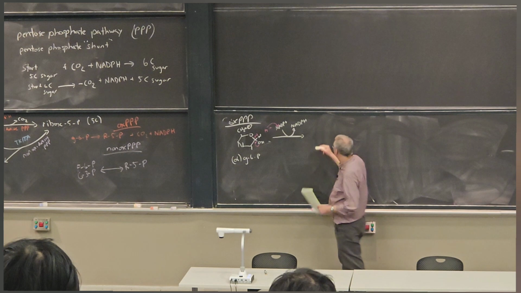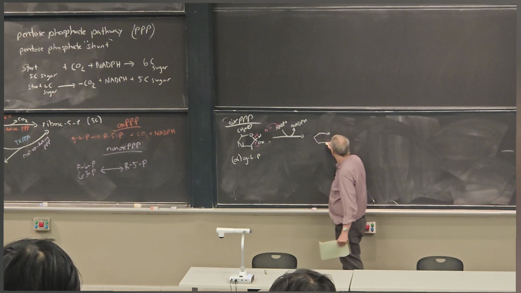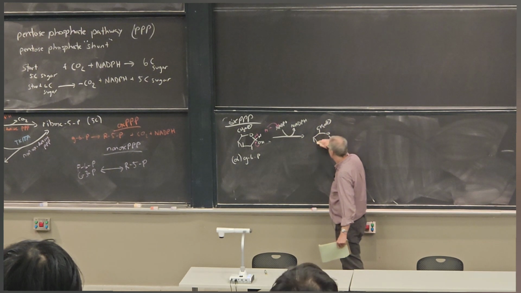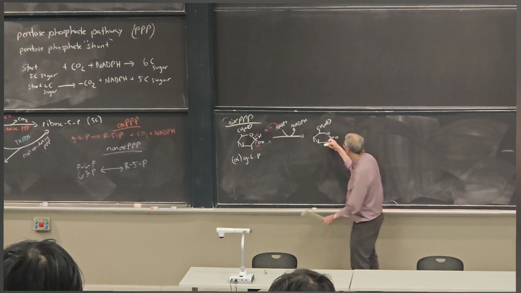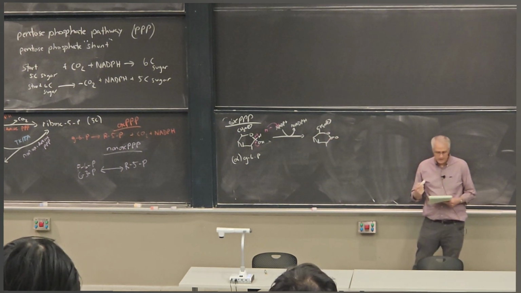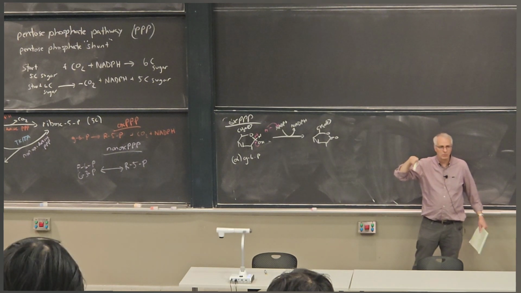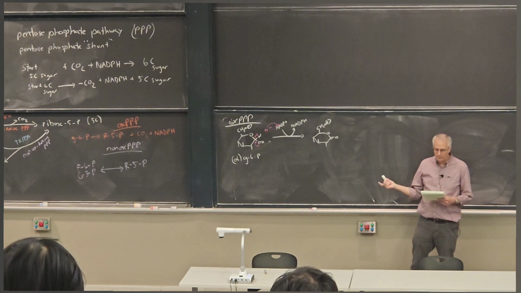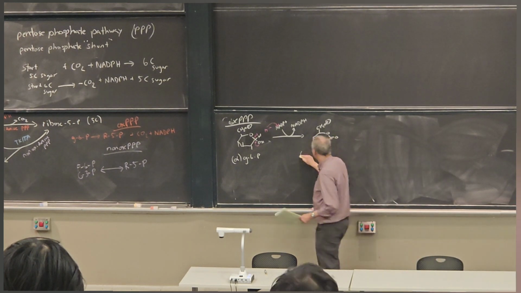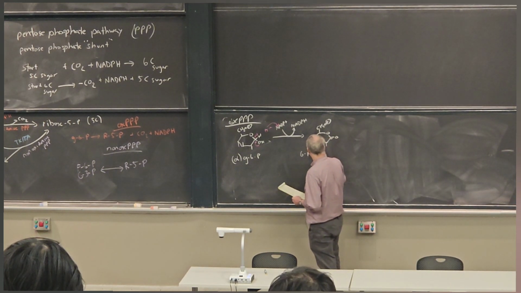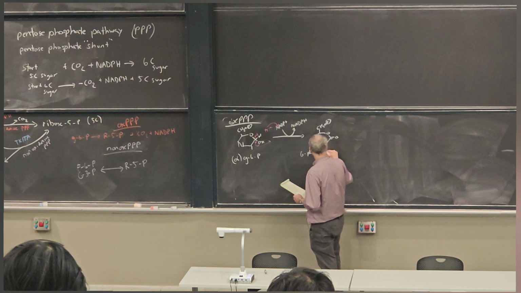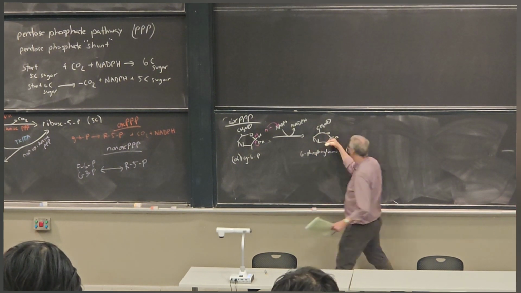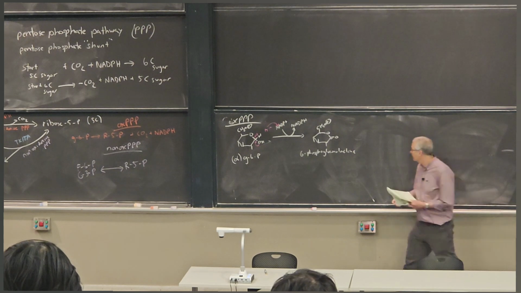What I'm left with is this lactone, where the aldehyde that was at the 1 carbon is now an acid, but in ring form. This molecule is called 6-phosphogluconolactone because it's glucose with a lactone in the ring.